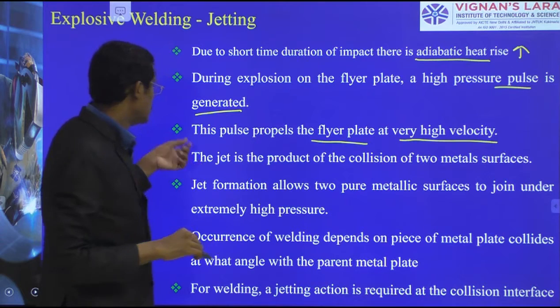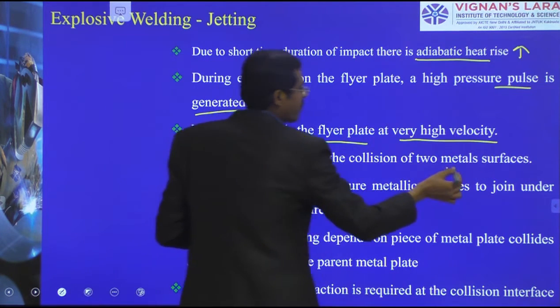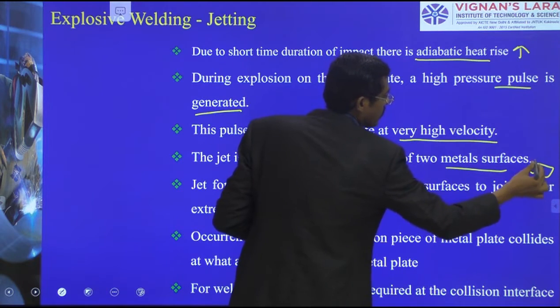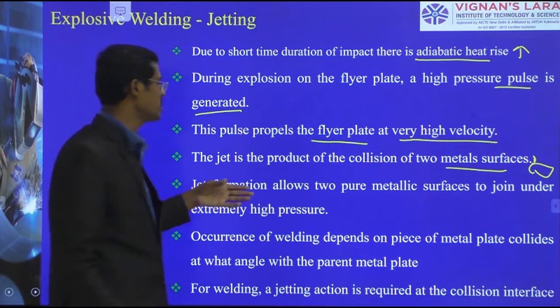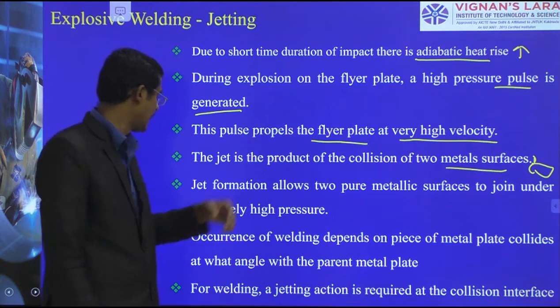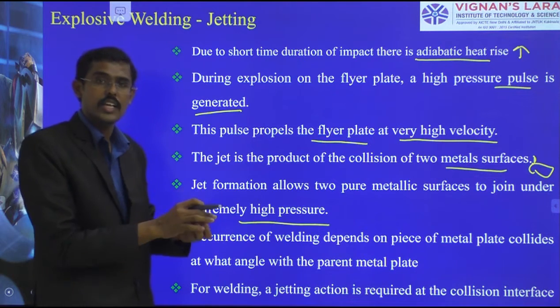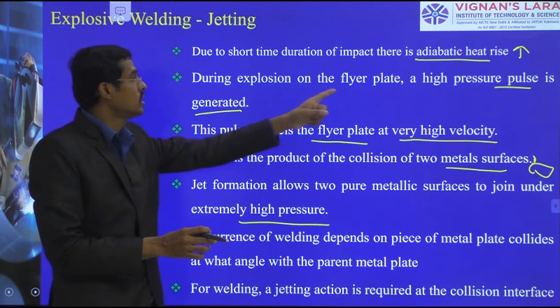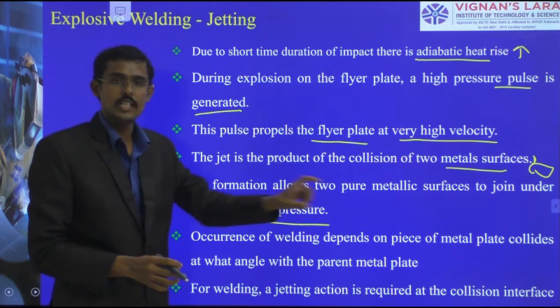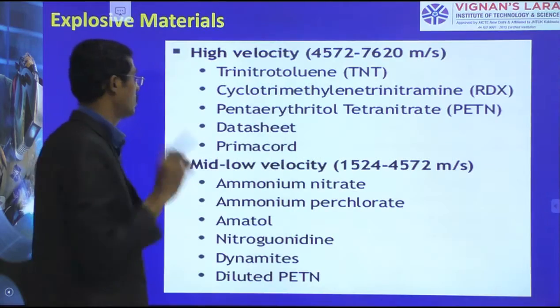The jet is the product of the collision of the two metal surfaces. Jet formation allows two pure metallic surfaces to join under extremely high pressure. How is it generated? Due to this jet action of the explosive and this heat rise, pulsed jet propulsion takes place and it impinges. That is how we can understand it.